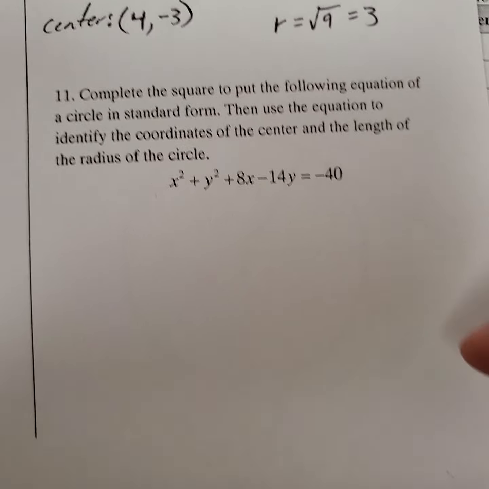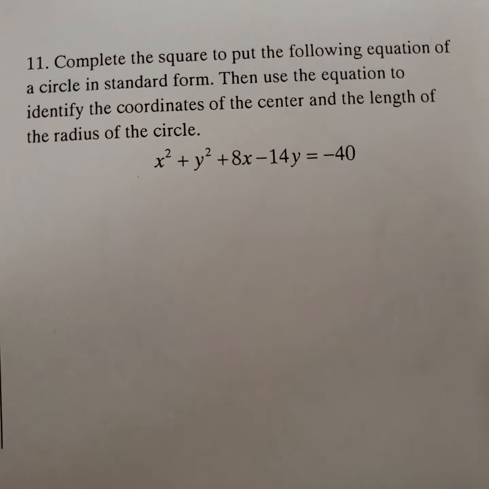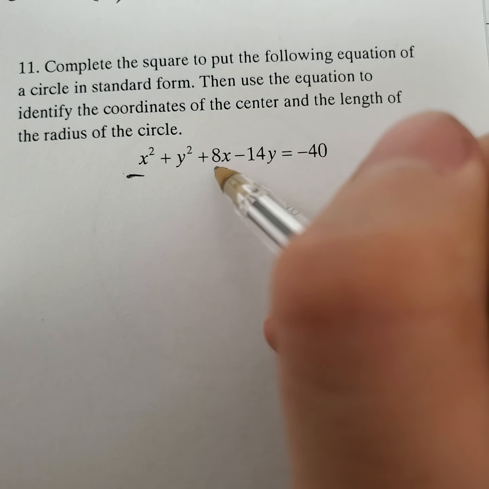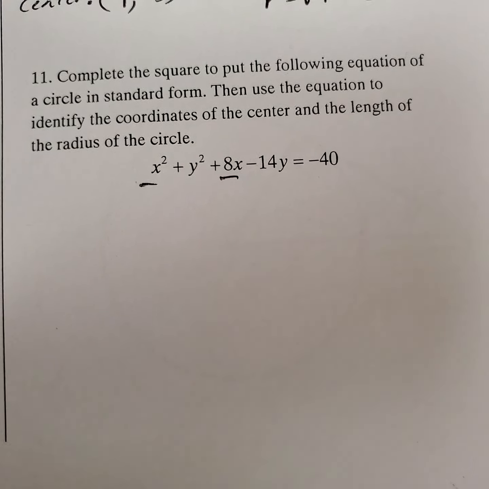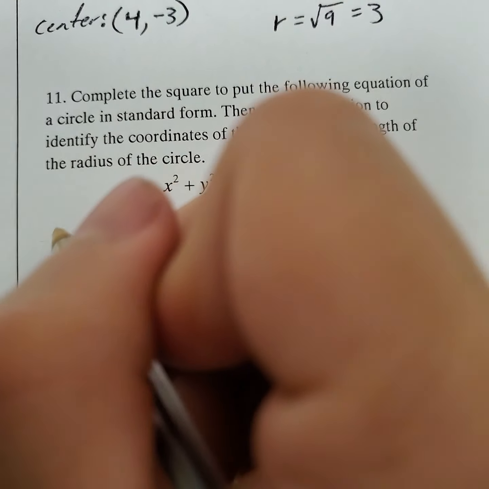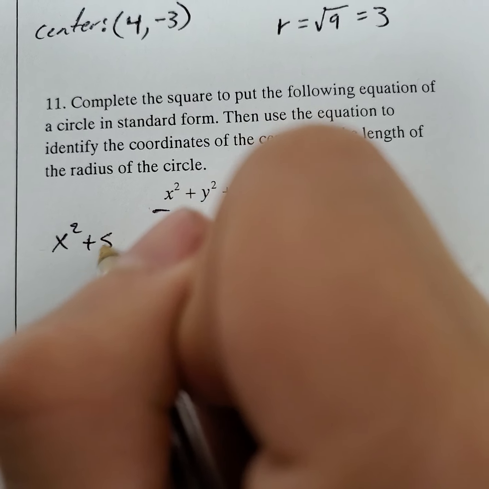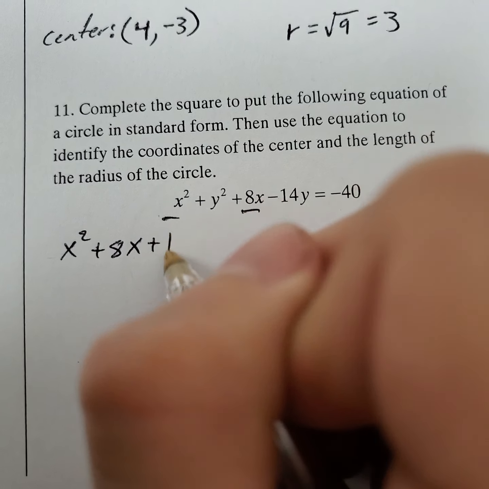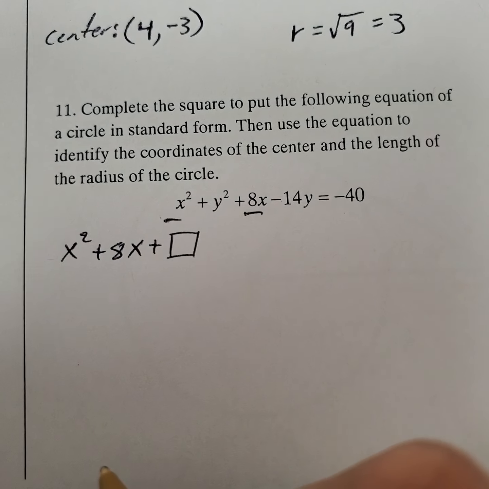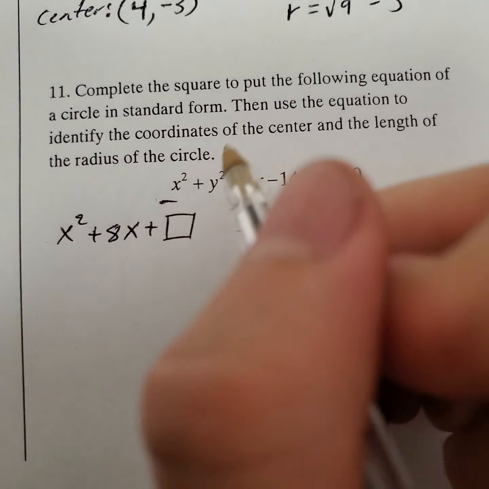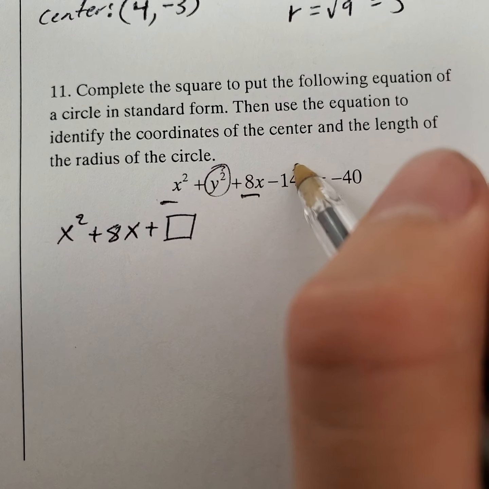Same way. So for that, as I showed you, let's rearrange the formula. So I'm going to have x squared plus 8x plus, let me leave a square here to put my other number. Then I need to take the y's.